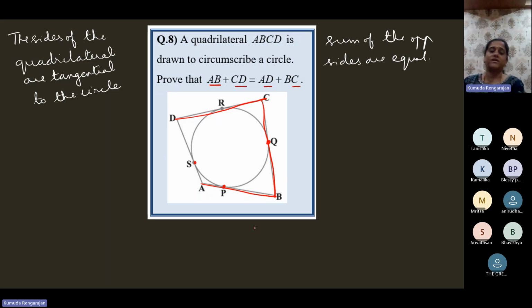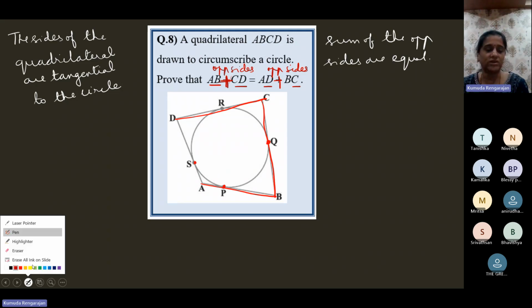Opposite sides of the quadrilateral. And what are we doing with the opposite sides? We're adding them. Sum of the opposite sides. So we'll have to prove that the sum of the opposite sides are equal.